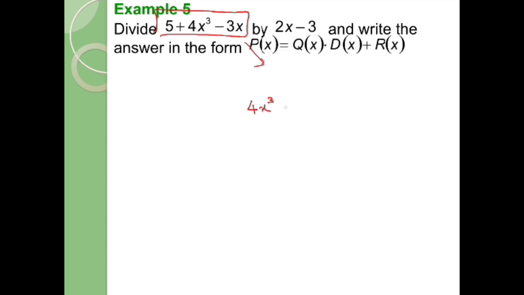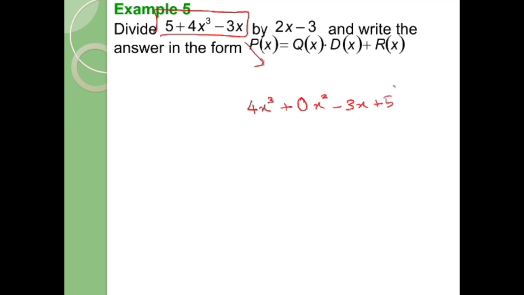And when you look at this polynomial, it doesn't have all of the degrees. So if it starts with x^3, you need to have x^2 as well. But there's no x^2 there, so just write 0. And then your next term is negative 3x, and then plus the last term, which is 5.